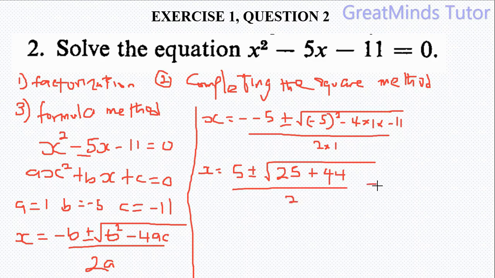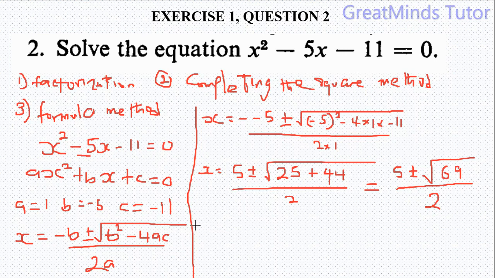So we have 5 plus or minus the square root of 25 plus 44, which is 69, divided by 2. Since we can't find the square root of this 69, that means this question is not factorizable. That's why it is not factorizable, because we can't find the square root of this.